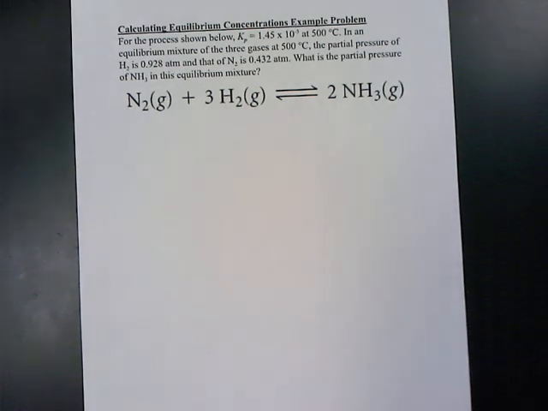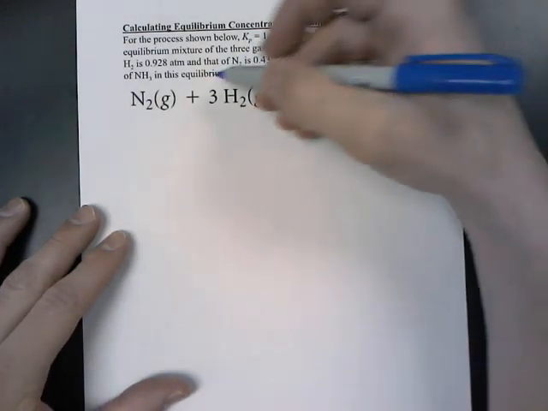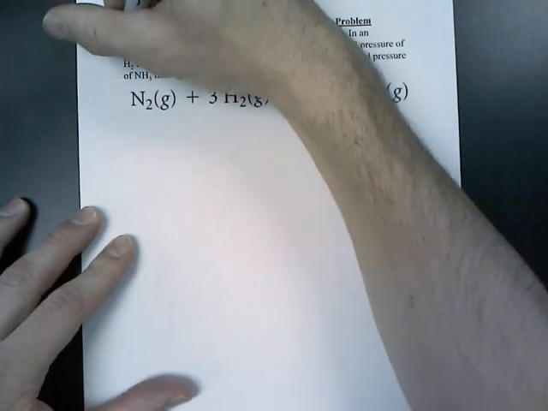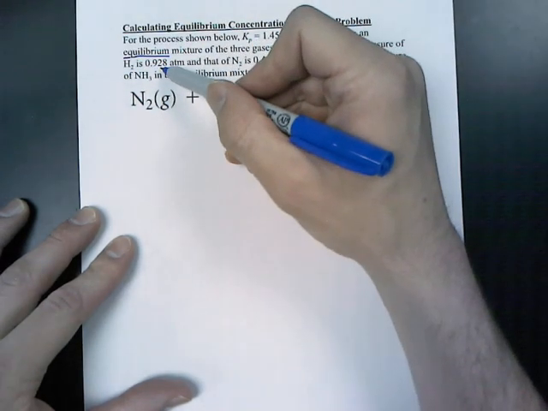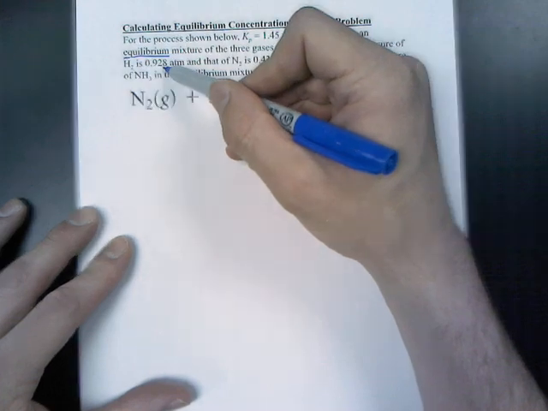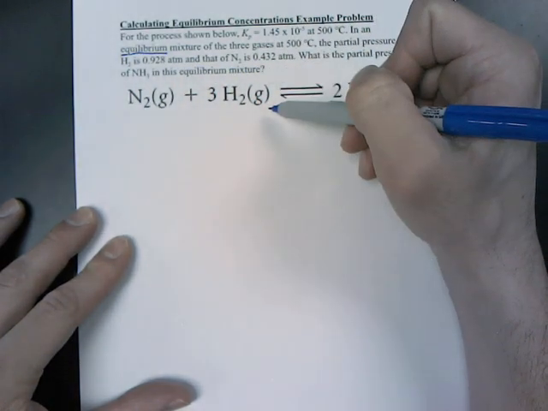Okay, so to be able to solve this, we have to decipher a few things. Number one, it says, hey, equilibrium. So we're going to assume we're at equilibrium. What that means is that at equilibrium, this is the pressure for H2, and this is the pressure for N2.